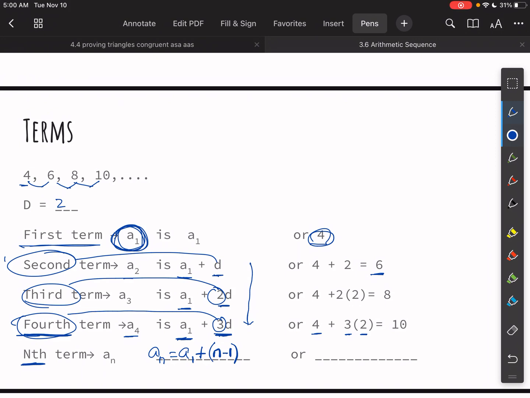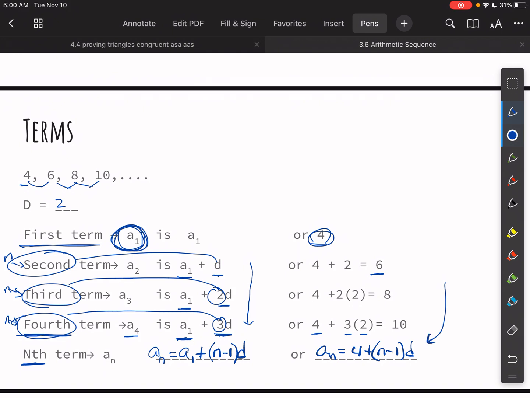This could be considered n, but we just don't know which term we're talking about. We took the term that we were on, we subtracted 1, and then we multiplied that by d. Okay, that's what we're doing with each of these. So in this case, we could say a sub n is equal to 4 plus n minus 1 times d.